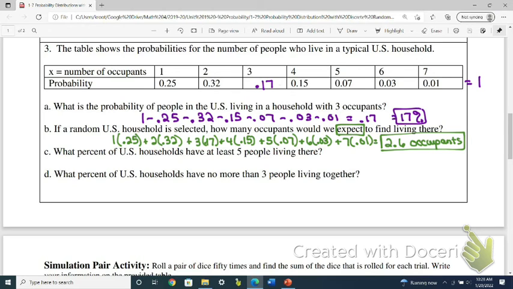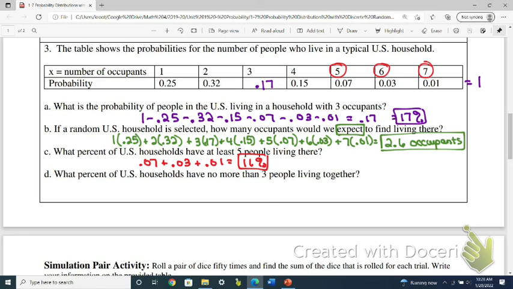What percent of households have at least 5 people living there? So that would be 5, 6, and 7. So I add those up. It's 0.07 plus 0.03 plus 0.01, which is 11%.